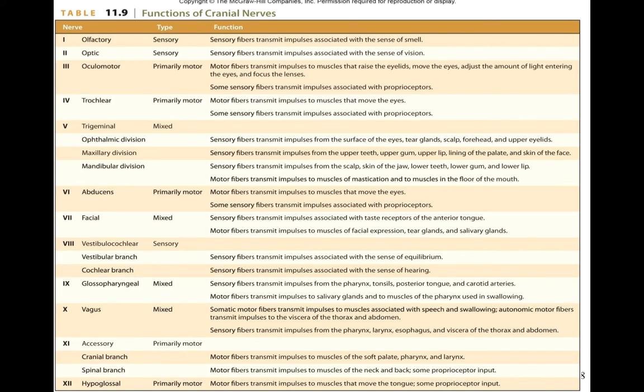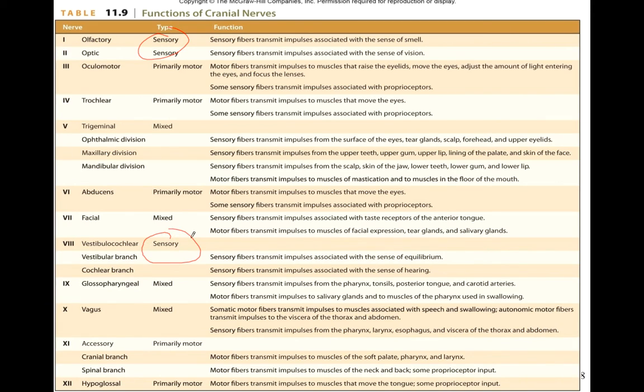Okay, there's your table, and that table has pretty much everything we just talked about. When you're studying this, I would find a way to maybe use some flashcards or Quizlet or something. The other thing is find things that are common.